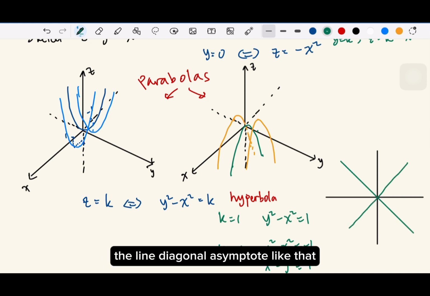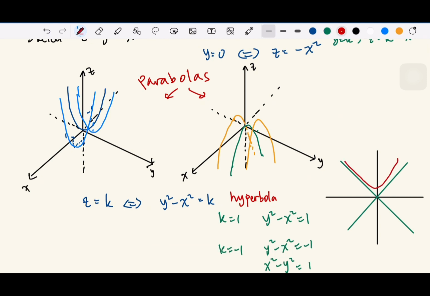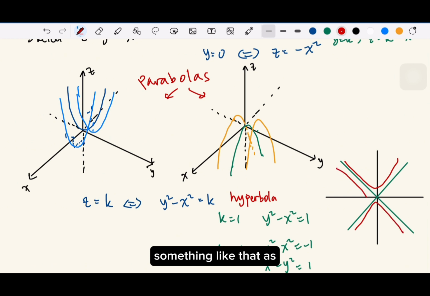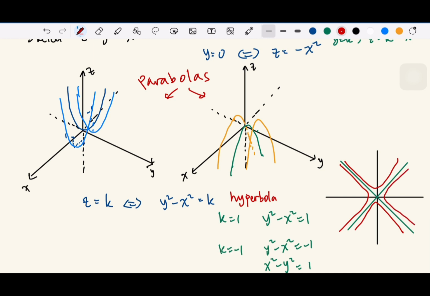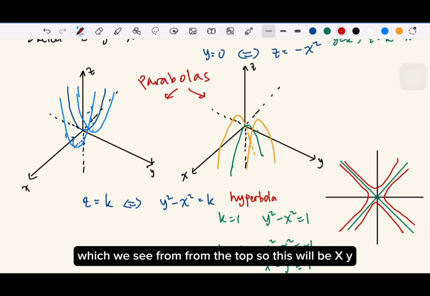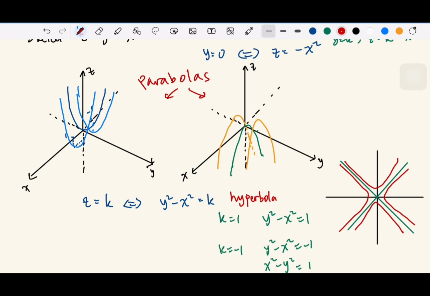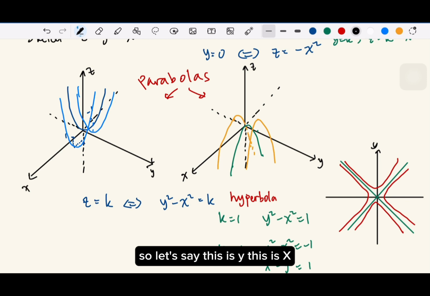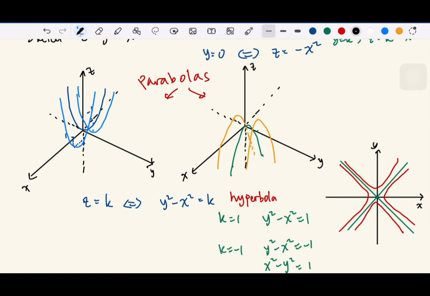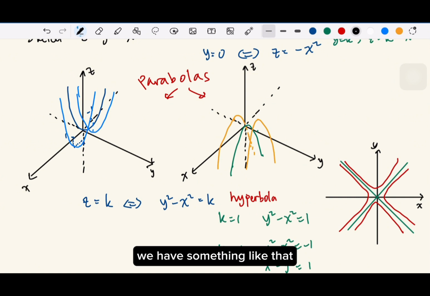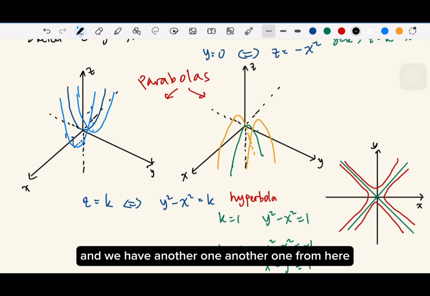The diagonal asymptote like that, and we are going to have something like that, and something like that, if we see from the top. So let's say this is y, this is x. If we put it into the 3-dimensional perspective, in x and y we have something like that, and we have another one from here.